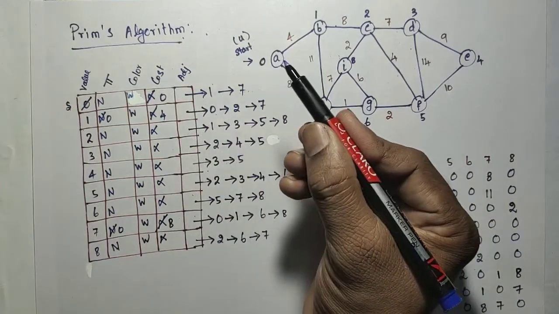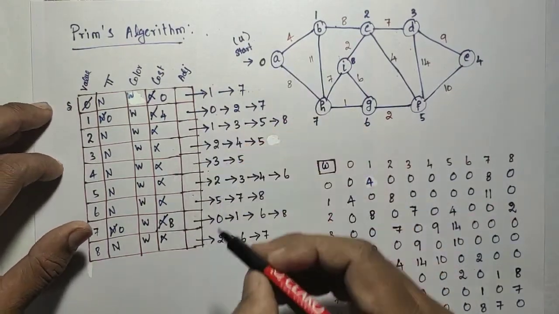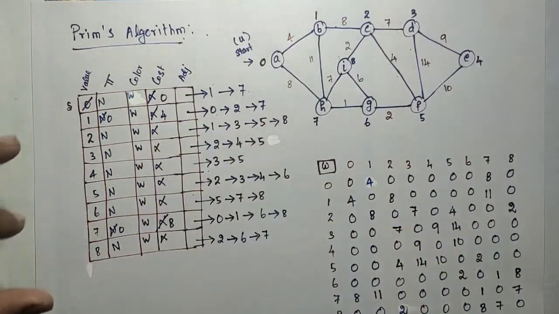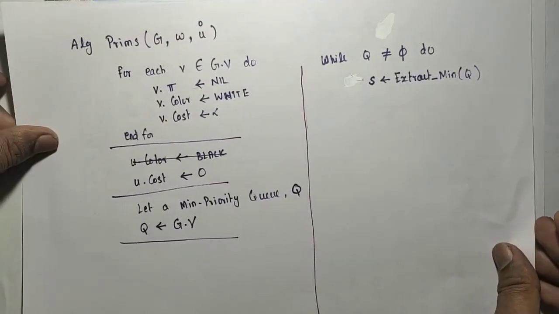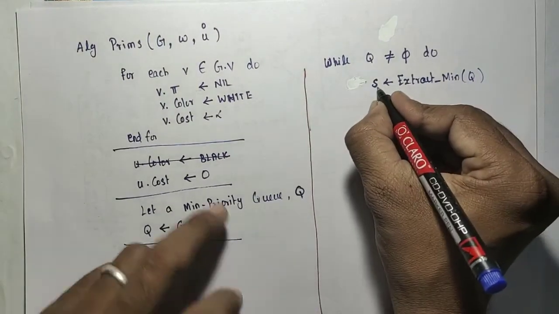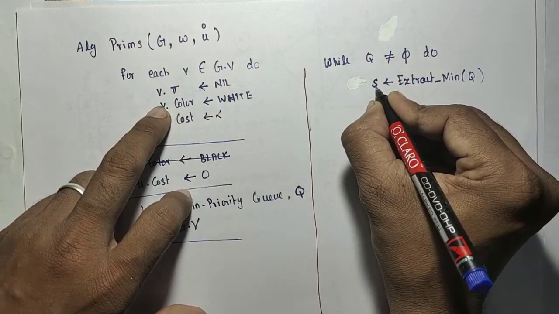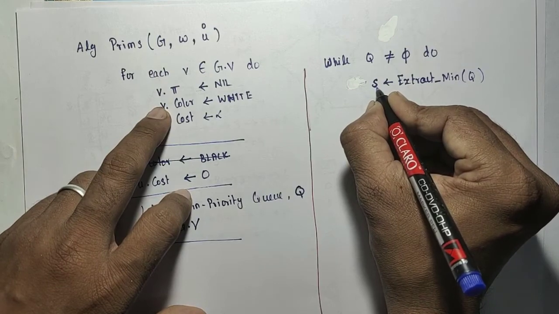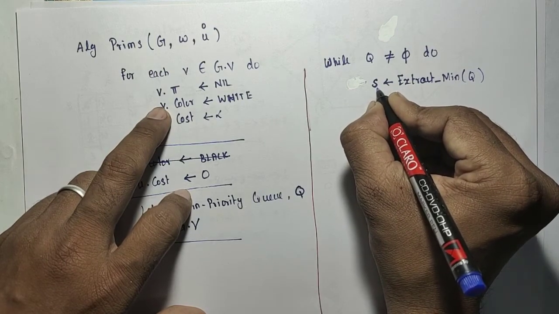Otherwise don't do anything. So that is one iteration. We will complete that iteration now. We have extracted, and then we need to check that node's adjacency list.